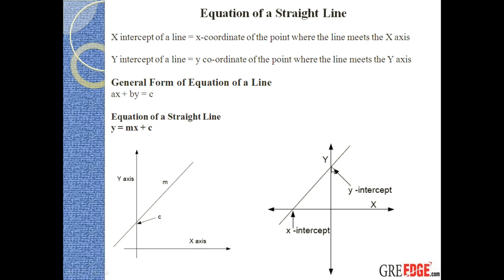If it intersects the y-axis at 3 units from the origin, then that point is denoted by 0 comma 3, because it makes 0 units on the x-axis. So the point is 0 comma 3 and the y-intercept of the line is 3. Is that clear?